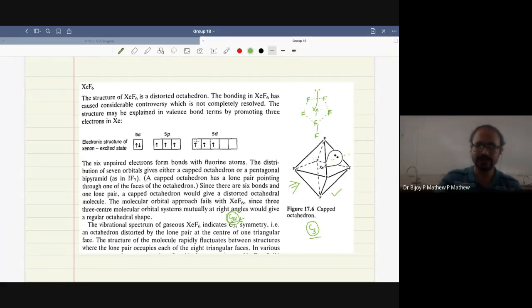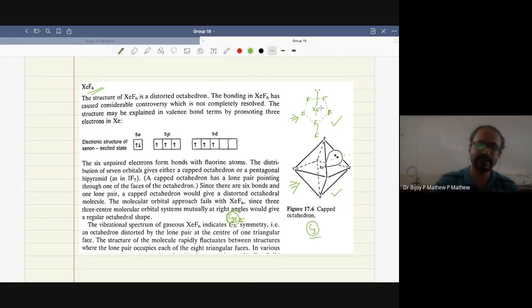Okay, so when in the examination you talk about the structure of XeF6, there is an anomaly here. Both VSEPR and, even when you go home and try with VBT, you will find that the structure is sp3d3, which means pentagonal bipyramidal. If that is the case, then the structure should be this structure.